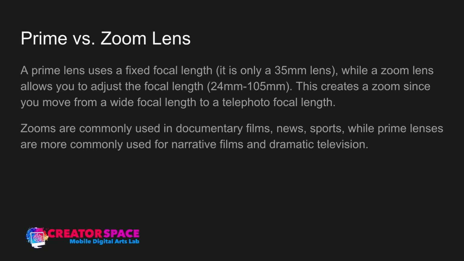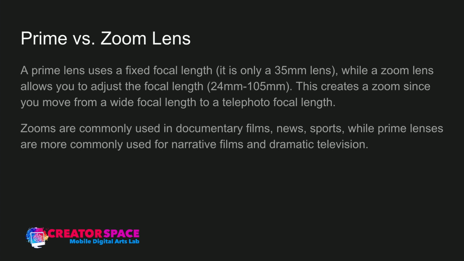I think it's a 35 to 105 millimeter lens. So you can have a zoom lens and it can zoom in or out, changing the focal length. That creates a lens move, and without moving the camera physically, you can zoom in.